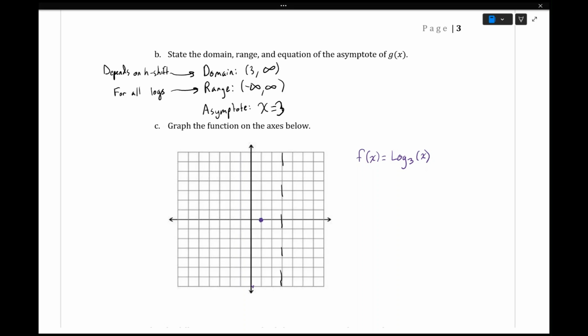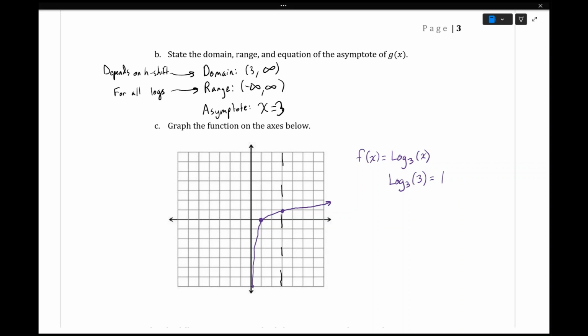All logarithms go through that point because log base anything of 1 is 0. And then the next good point I know is 3, 1 because log base 3 of 3 has to be 1. And I'll go ahead and draw that. I know that logarithms grow very slowly.